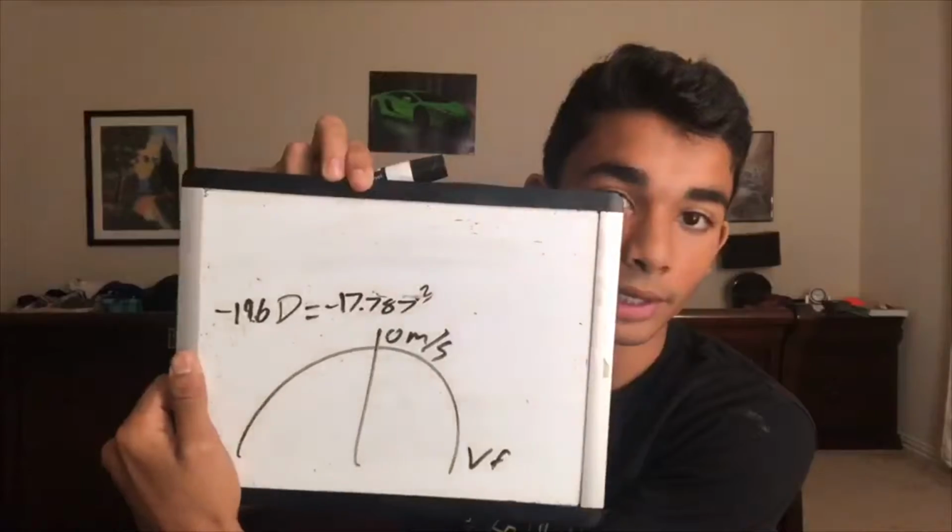Now you multiply both sides by 2d, you get negative 19.6 d equals negative 17.787 squared. This is where we're at right now. Pardon my handwriting.